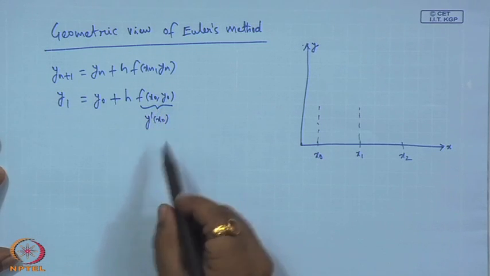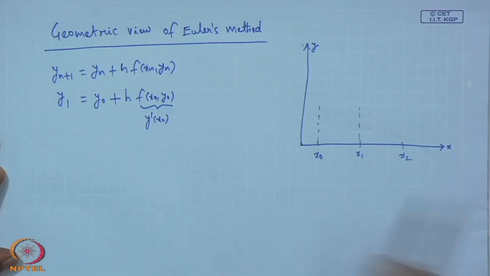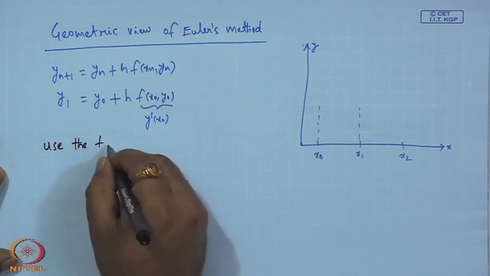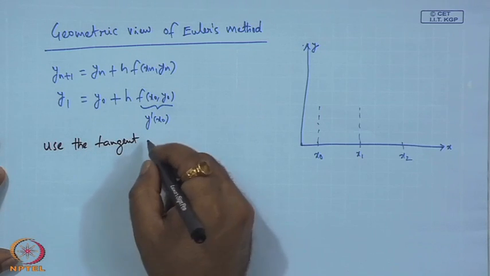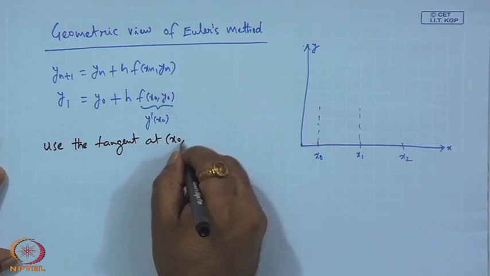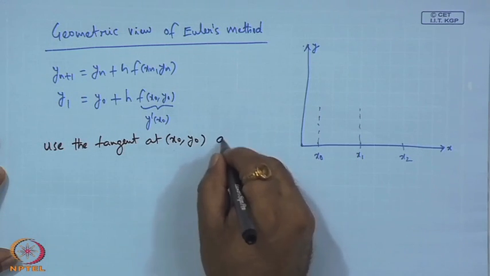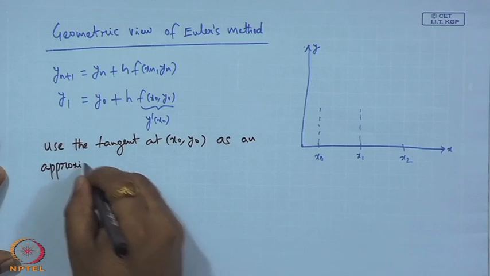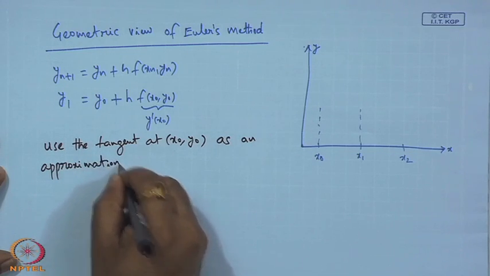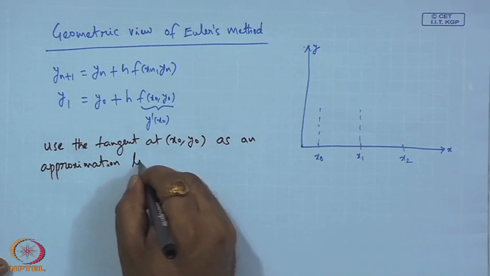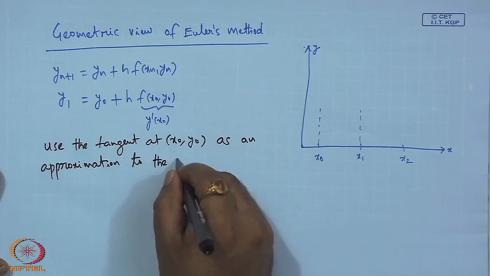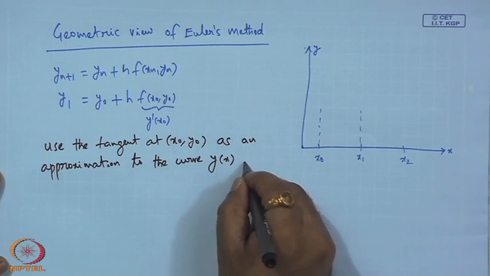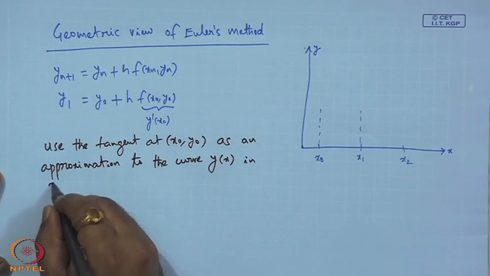So, we use the tangent at x 0, y 0 as an approximation to the curve y of x in this interval.